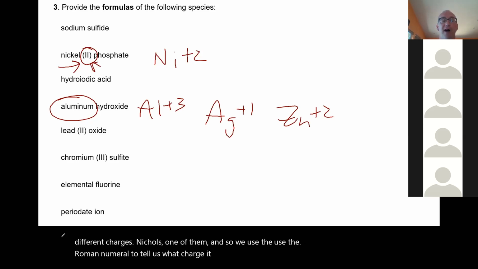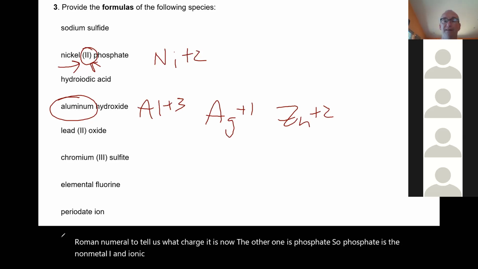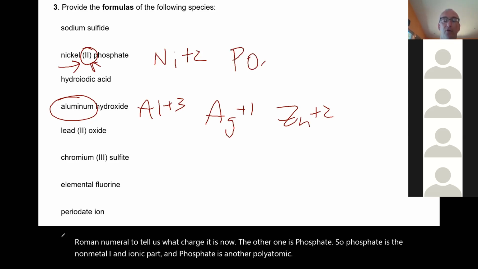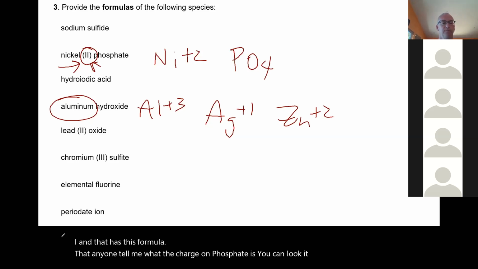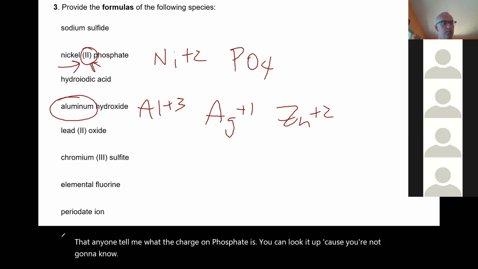Now the other one is phosphate. Phosphate is the non-metal ionic part, another polyatomic ion that has this formula. Can anyone tell me what the charge on phosphate is? You can look it up because you're not going to know. -3.